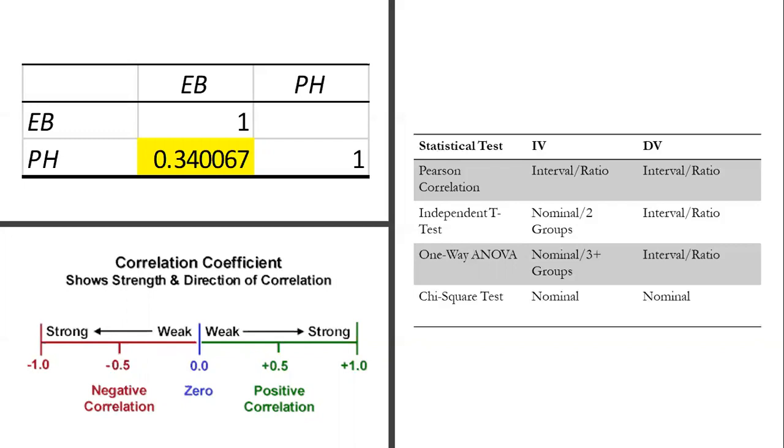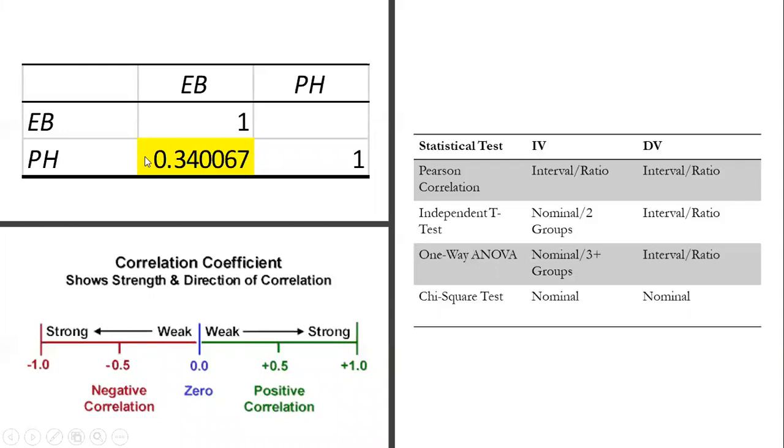So essentially what this table is suggesting is that there is indeed a relationship between emotional balance and physical health, except this relationship is a bit on the weak side. It is a positive relationship because there is no negative sign here. If there was a negative sign here, it would be a negative relationship.